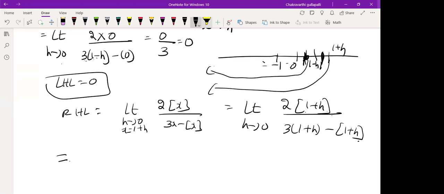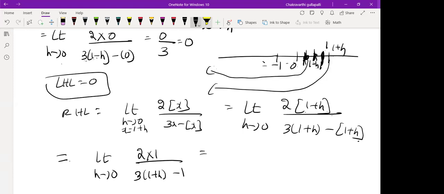This is 1, this is 1 minus h, 0 and so on. This is 1, 1 plus h. Less than 1 plus h, the immediate integer is 1, because less than this, the integers are 1, 0, minus 1 and so on. Greatest is immediate preceding, so it is 1. So limit h approaching 0, 2 into 1 divided by 3 into 1 plus h minus 1.